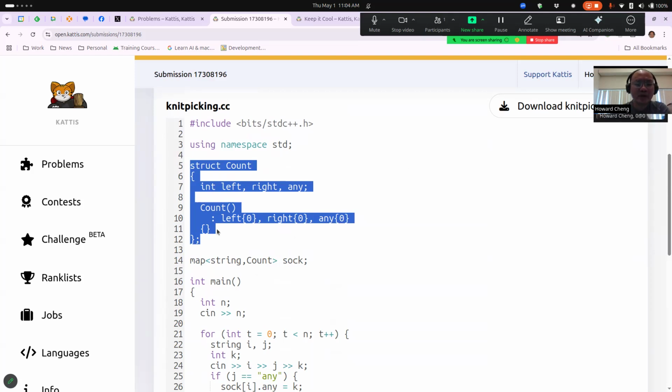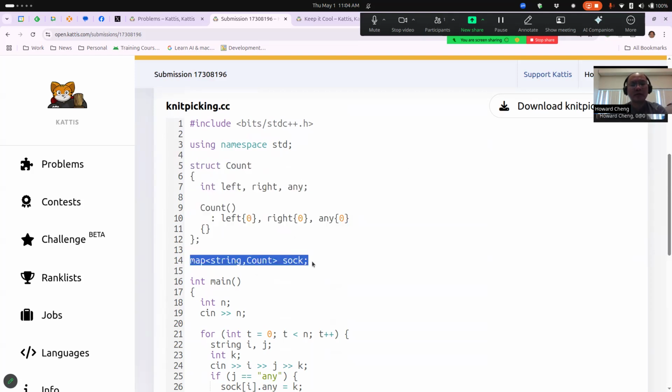And then I have a map that keeps track of the counts indexed by the name of the sock. Notice I'm using global variables here. I know that these are things that you're not supposed to do in all your other courses, but for this type of problem, when you're only dealing with one single case, it's okay.